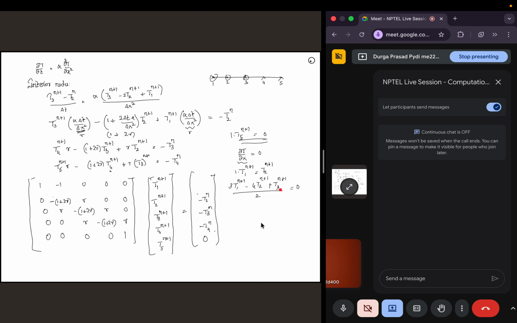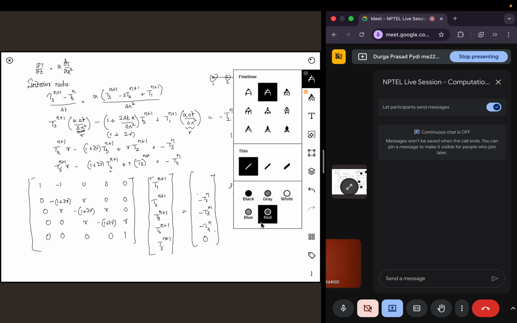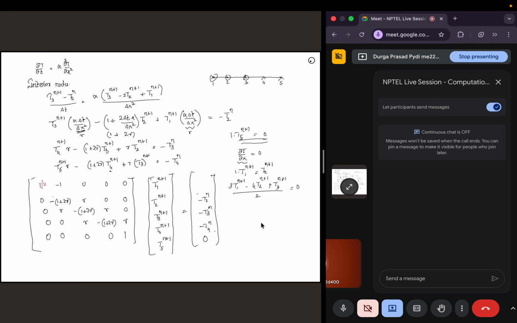So with this scheme, for T1 instead of 1 I have 3. For T2, I take 2 to the other side, so this will be minus 4. And for T3, I have 1. So depending on whichever scheme you use, you will appropriately populate that matrix first.